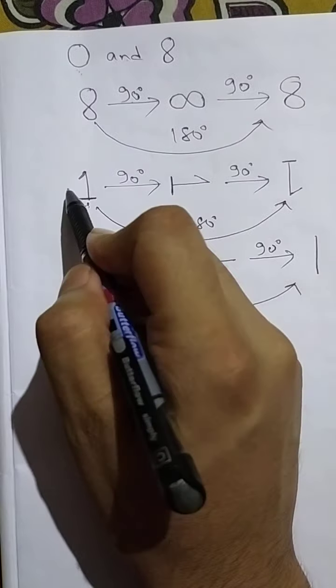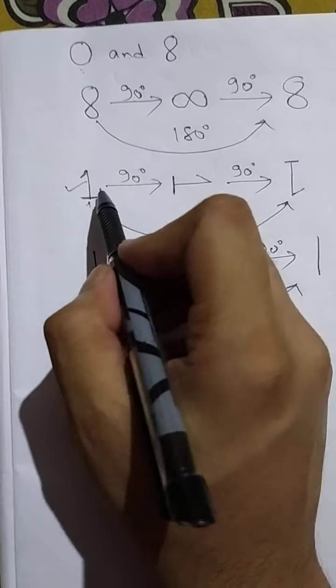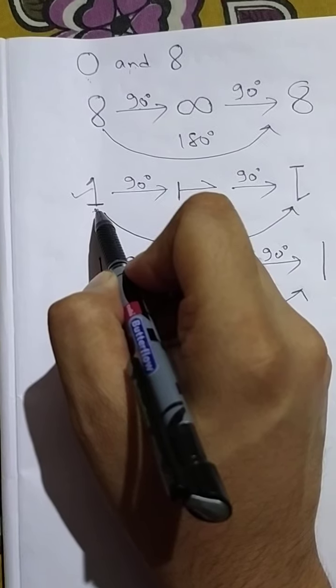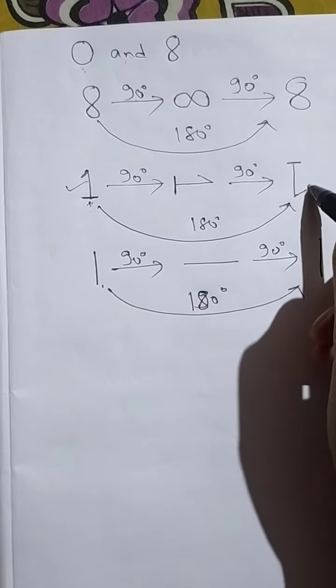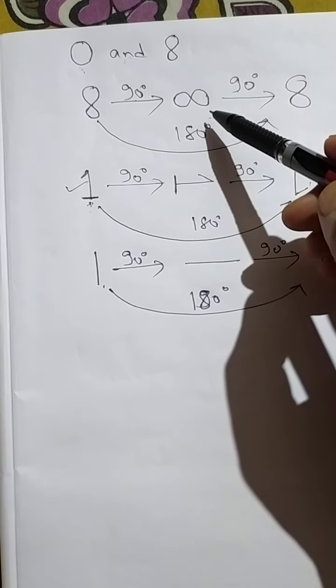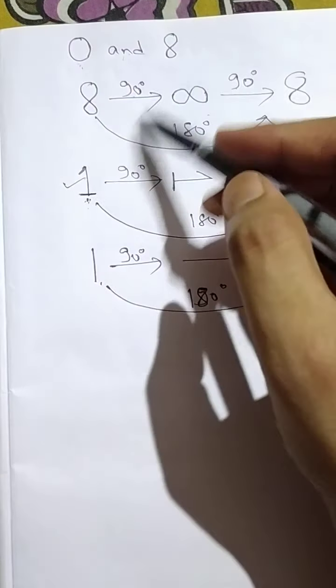So we cannot consider 1 here. Because if you write 1 like this way, after 180 degree it will look like this. So the digits which look same after 180 degree rotation are only 0 and 8, not 1.